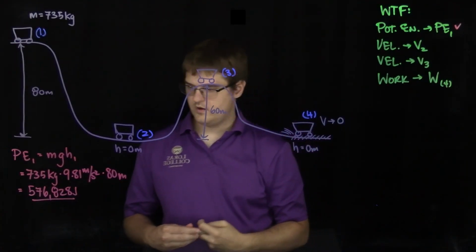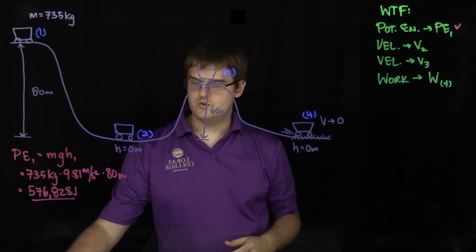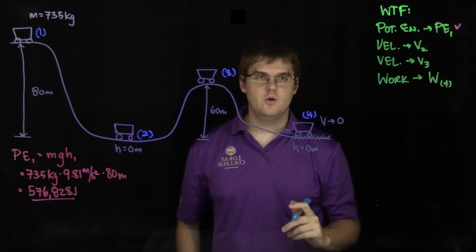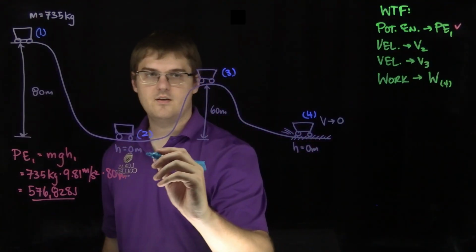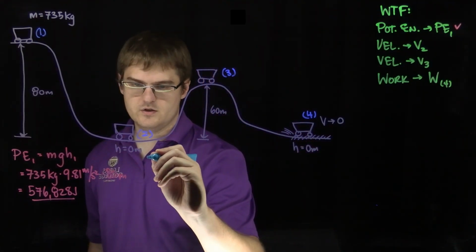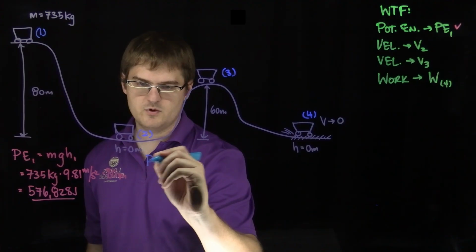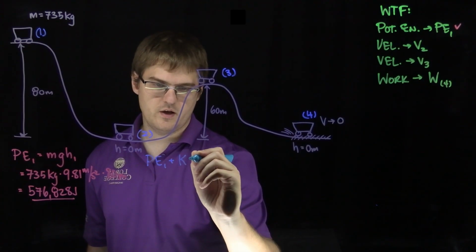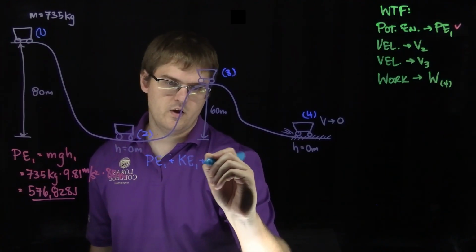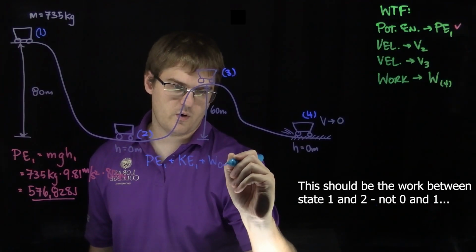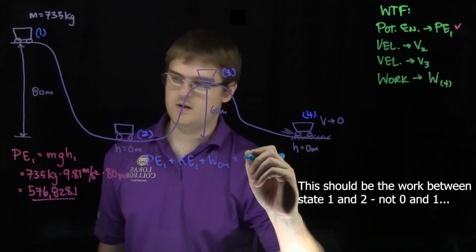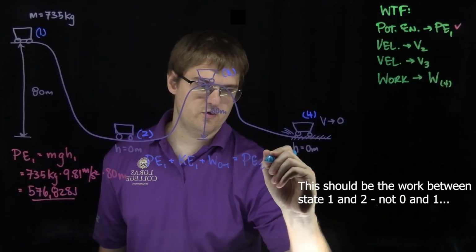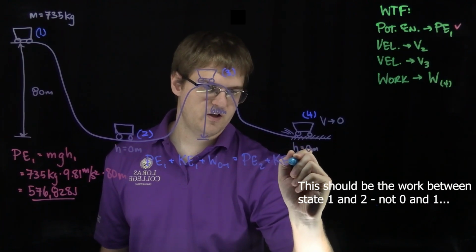And that is my potential energy at 1. Easy enough. Let's move to state 2, and I now want the velocity. To get velocity, that is related to my kinetic energy, so I'm going to look at my energy between 1 and 2. So potential energy at 1 plus kinetic energy at 1 plus work between 0 and 1 is equal to my potential energy at 2 plus my kinetic energy at 2.